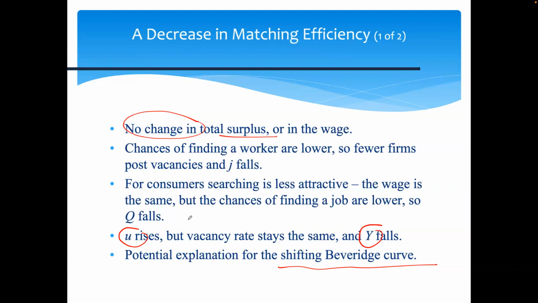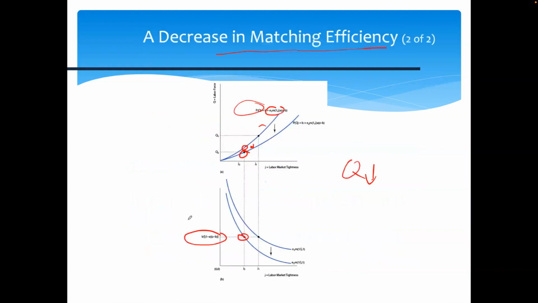Maybe there's a structural change, right? So this is this chapter. To summarize, we looked at the labor market. We saw some stylized facts regarding the unemployment rate and the vacancy rate. And then we developed two models to understand the dynamics and determination of the unemployment rate.